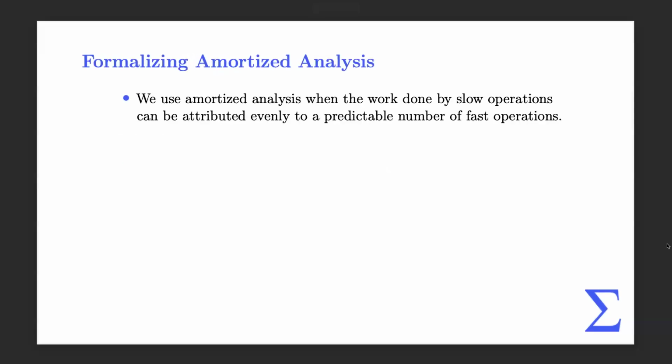So now I'm getting to amortized analysis. Basically, the idea of amortized analysis is when the work done by slow operations can be attributed evenly to a predictable number of fast operations. Sometimes you hear people talk about algorithms and say, oh yeah, the worst case is O of n, but the average case is O of log n, something like that.